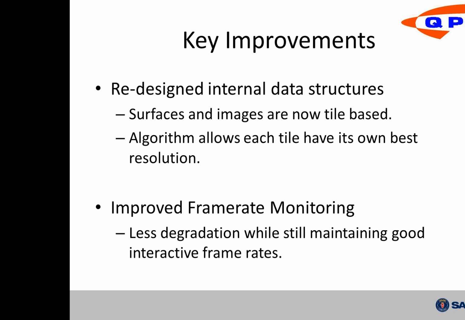What we've done in 7.4 is we've really improved how we monitor that. So what that allows is even object types that are not yet optimized with the new rendering can have advantages, and they are degraded less because we can reduce the degradation that is required to keep that interactive frame rate. That particularly applies to points and lines for this release.